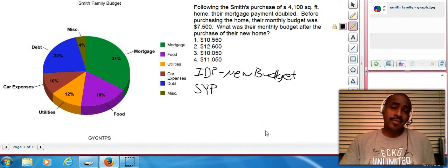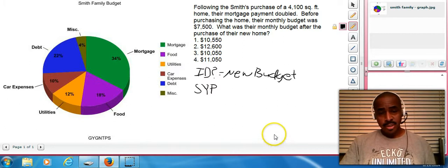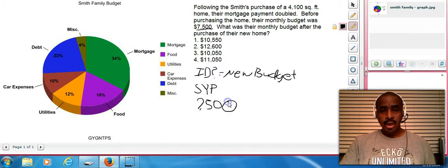So the first piece of information is right here. We know that we have a monthly budget of $7,500. So this is the first budget. And then we know that their mortgage is what's in question here. We know the mortgage represents 34%.